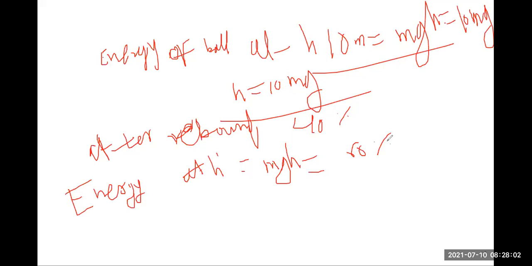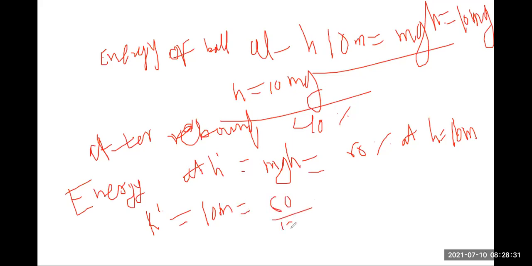After rebound, 60%. So h dash is equal to 60 upon 100 multiplied by 10 mg, because we have taken the height as 10 mg.